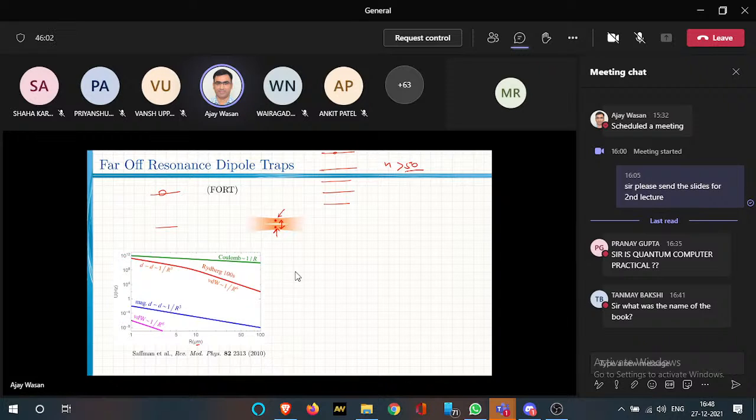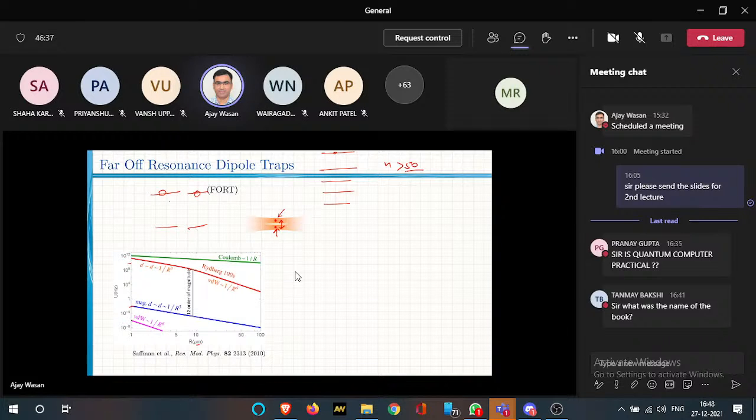When we bring two atoms very near together in the higher excited state, we can understand their interaction as a dipole interaction. Due to the dipole interaction, their interaction energy increases. I'm just giving you one number here. In this figure I'm showing what the value is when they are in the ground state and what it is when they are in the upper state. When dipole interaction takes place, their interaction energy increases by 12 orders of magnitude.